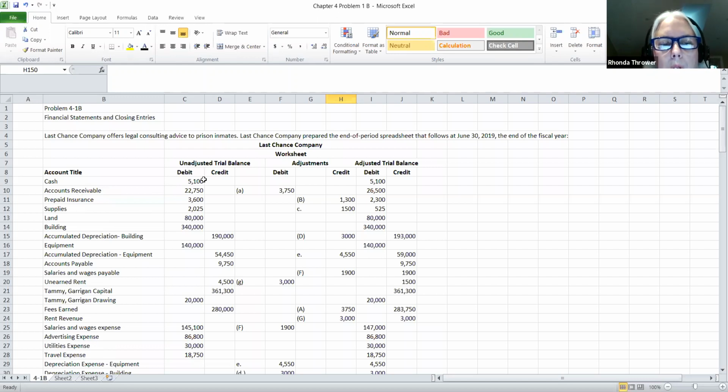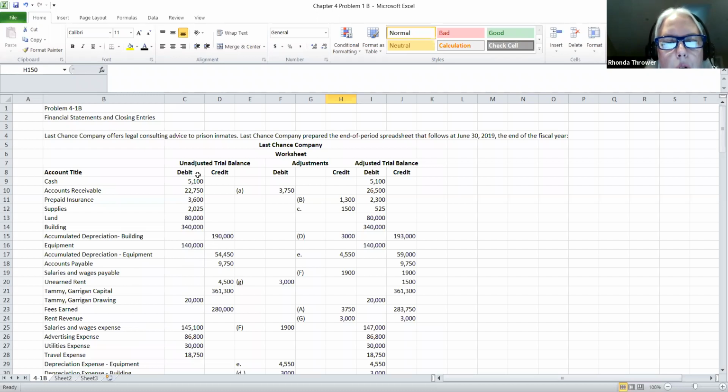You'll remember in chapter 3, or actually it was chapter 2, we learned how to prepare an unadjusted trial balance. The unadjusted trial balance that you prepared in chapter 2 is the same one that is listed here. It's just a list of the ledger accounts and the balances as of the unadjusted trial balance date.